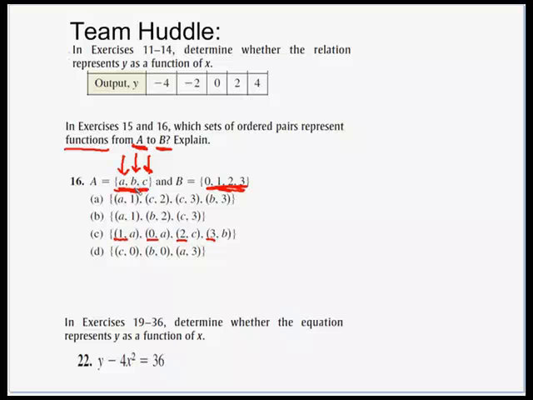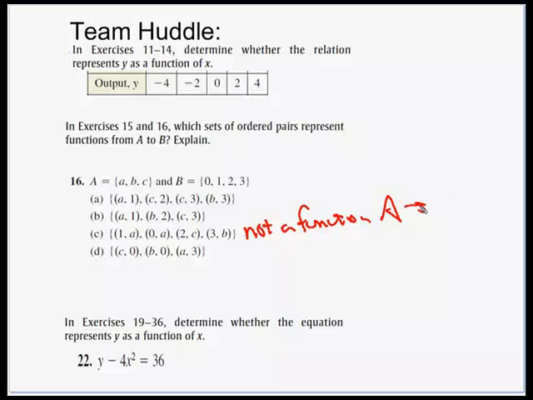A, B, or C should be in the x-coordinate, or the first thing in each ordered pair. The second thing should come from set B. So this, it is not a function from A on to B.